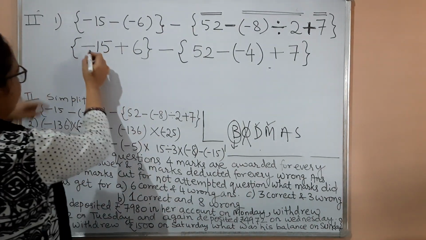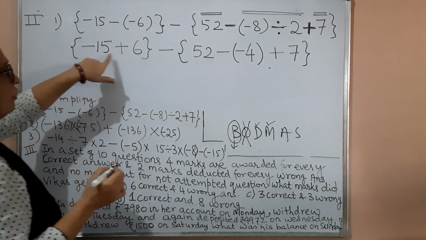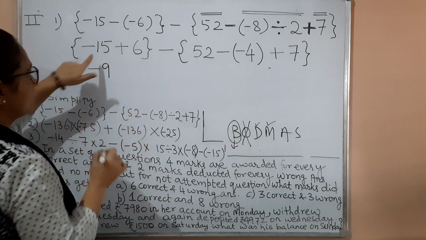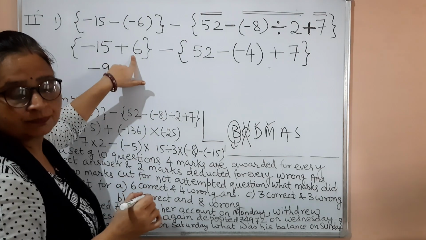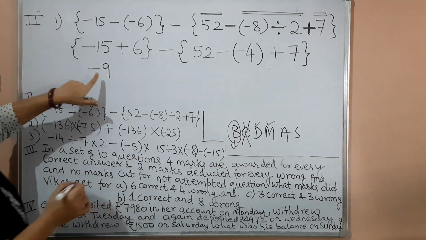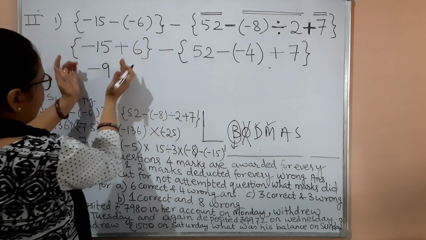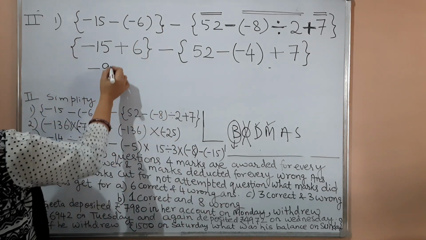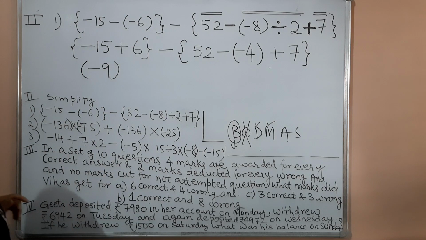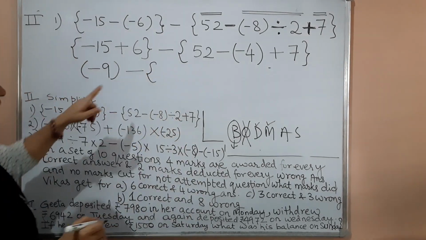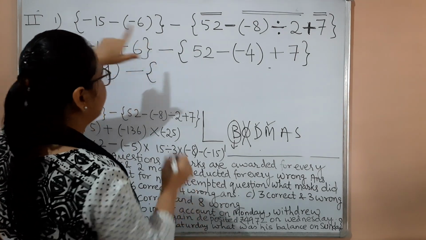Now from here minus 15 plus 6, we all know it is minus 9. 15 rupees loss, 6 rupees profit, overall loss which is reduced to minus 9. So we got the answer of this bracket. Now I need not keep it inside the bracket, or if you want you can replace it with this bracket. Then we have this minus sign and a bracket.